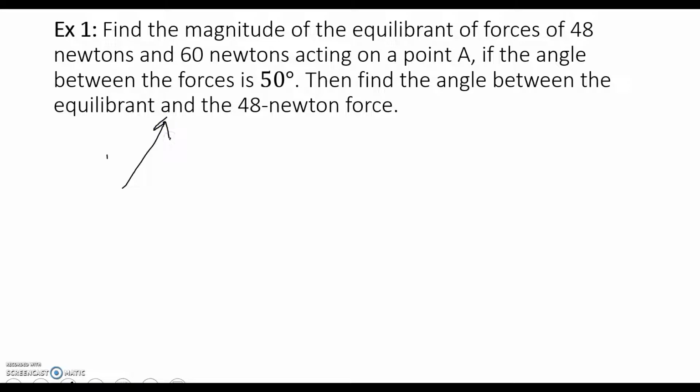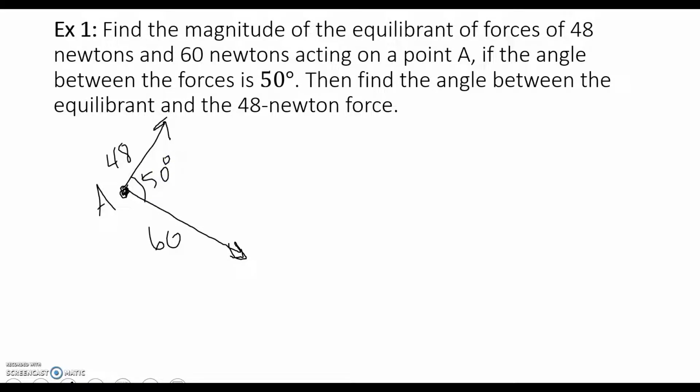This represents our 48 newton vector. And there's another vector that's 60 newtons. Remember, that represents the magnitude. So this will be 60, and they're acting on a point here, A. And the angle between them is 50 degrees.